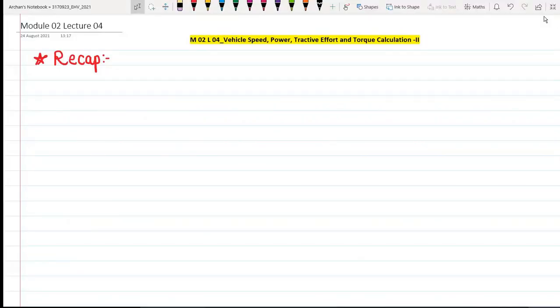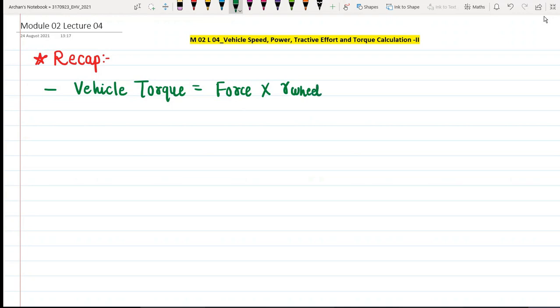In the last lecture of electric vehicle, we have started with some examples. We know what is the amount of force that will be required to accelerate one particular vehicle. So we have gone through different equations. Like if you want to know the torque developed by the vehicle, then it is nothing but the force multiplied by the radius of the wheel.